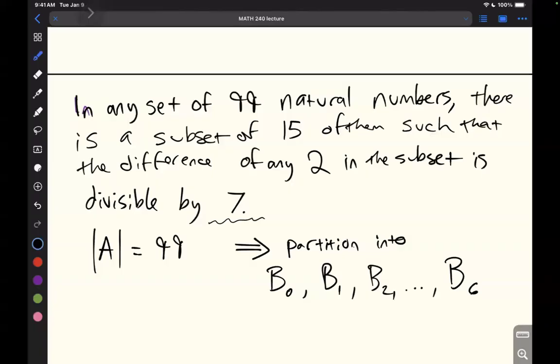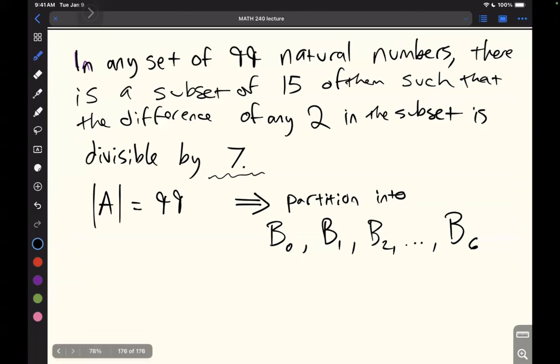So we want to show that there is a subset of 15 of the natural numbers such that the difference of any two in the subset is divisible by 7. All right, so let's use this theorem.